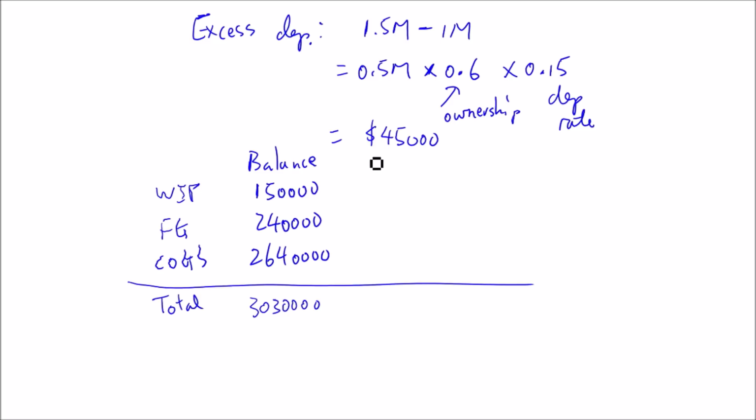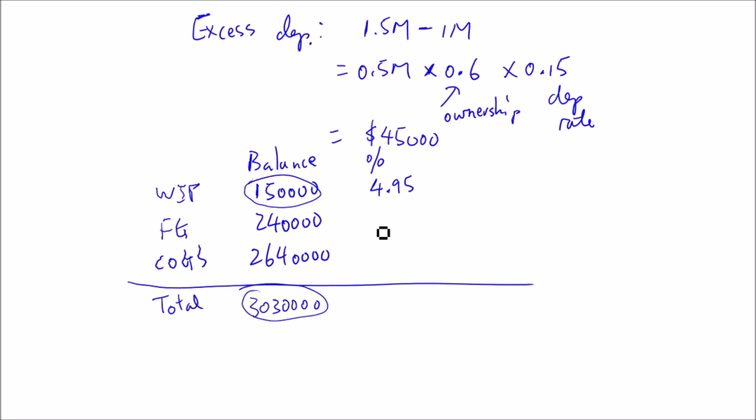Okay, after that, we need to use the balances to work out the percentage or a fraction or decimal. It doesn't matter. It's just the amount of allocation. For that one, for example, in terms of WIP, we're going to use 150,000 divided by 3.03 million. So if you do that calculation, you'll find out that WIP will get 4.95% of allocation.